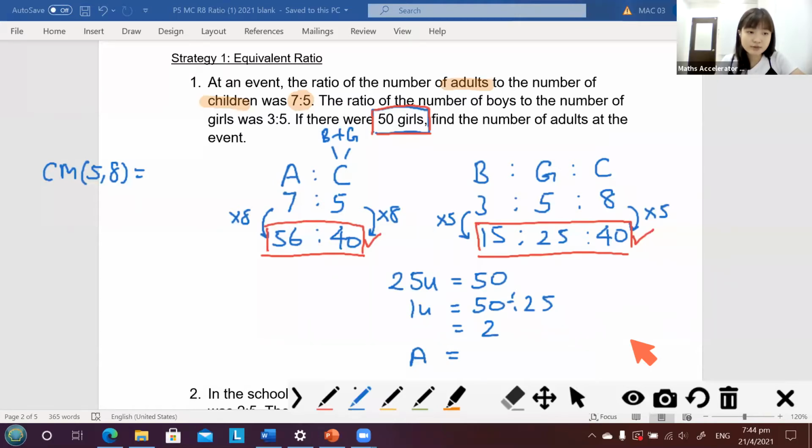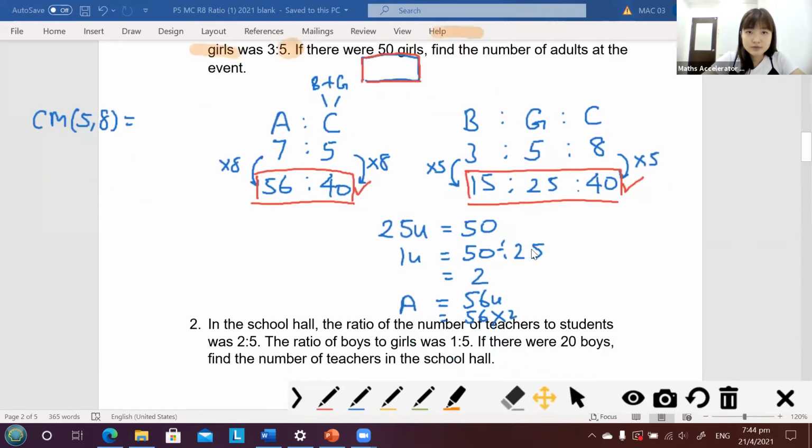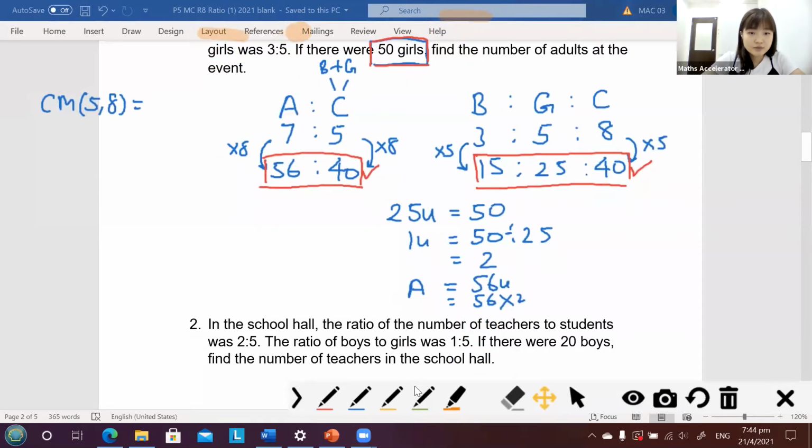You can type in the chat. Yes, definitely 56, right? Because I boxed it up. You should be looking at the equivalent ratio. So 56 units. You got 1 unit already, which is 2. So 56 times 2. Your final answer would be? Yes, correct, 112.